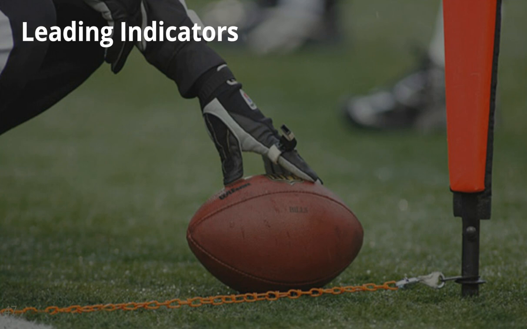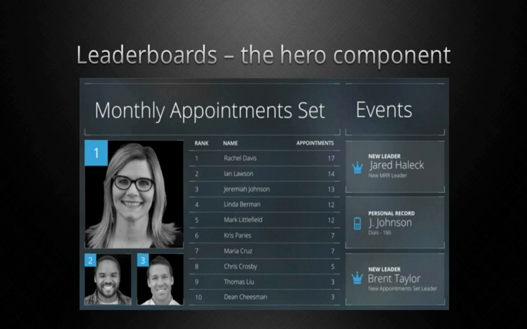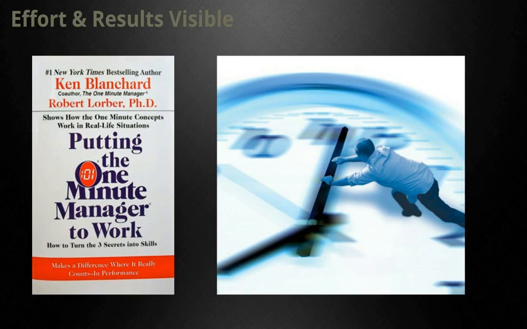And the hero of gamification processes is Leaderboards. That's the one that just leaps off the page. I learned this back at Franklin. Chuck already talked about it. In fact, my old boss, Jeff Hall, gave me this great book called Putting the 1-Minute Manager to Work, written by Ken Blanchard, one of the leading speakers and presenters that we promoted at Franklin. And it basically says, post the results on the wall. And you know what?